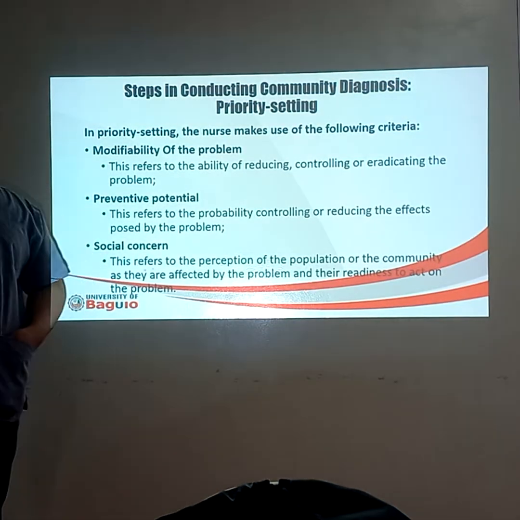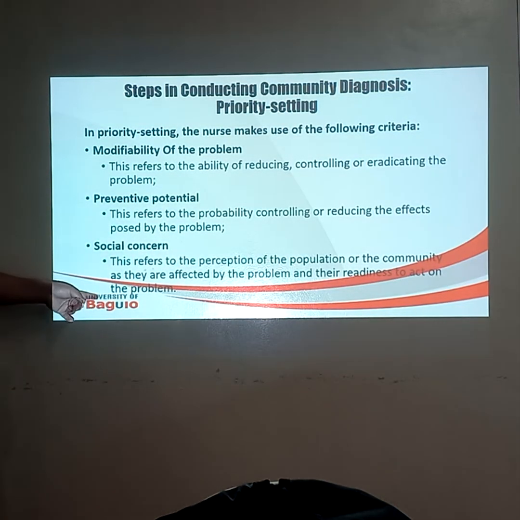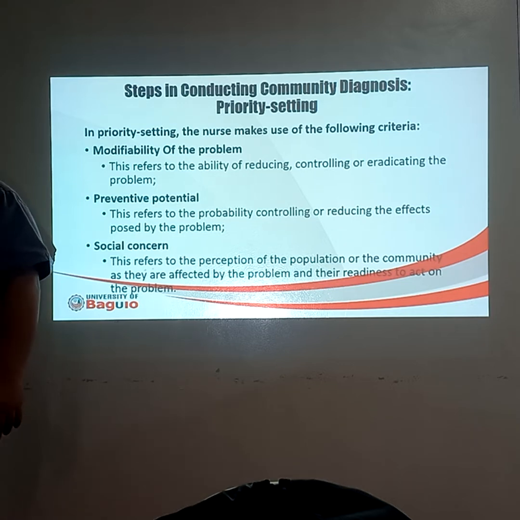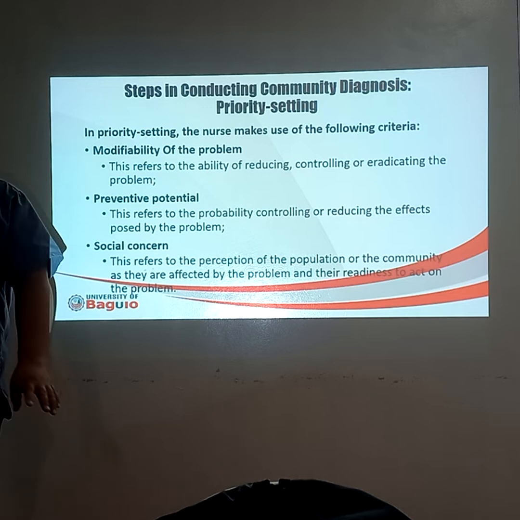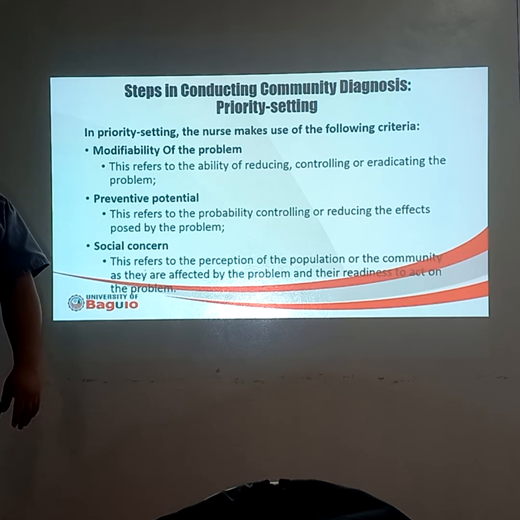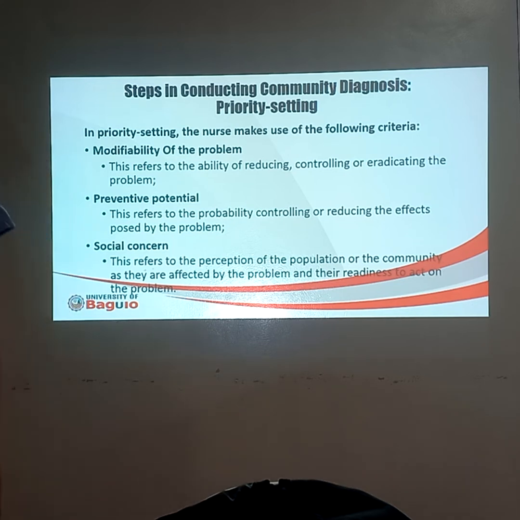Why? Because we want to present the data to the community, and the community, together with the nurses, are going to decide. But mostly, decision making will be done by the community people, while the nurse is just giving support or assisting in terms that they don't understand some of the concepts. Are we clear?